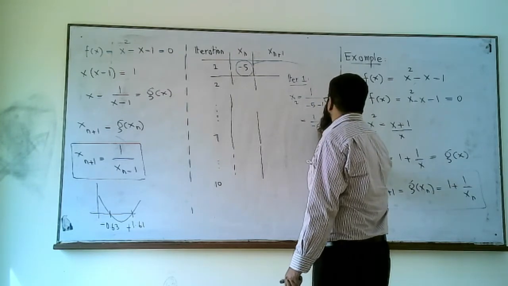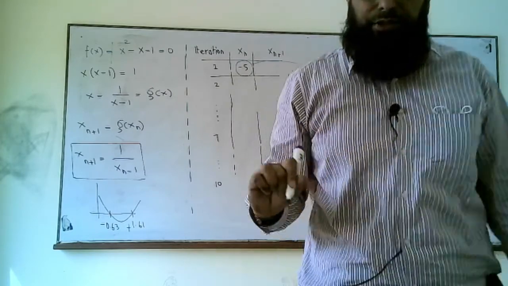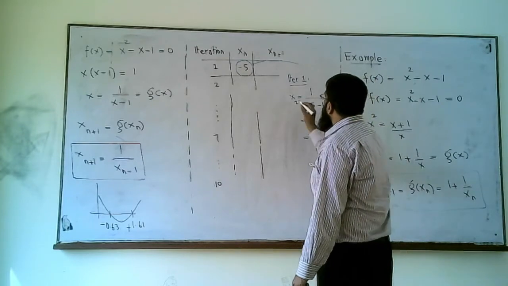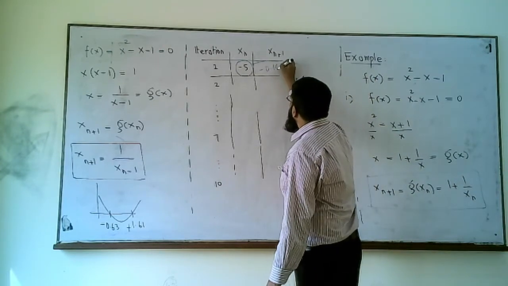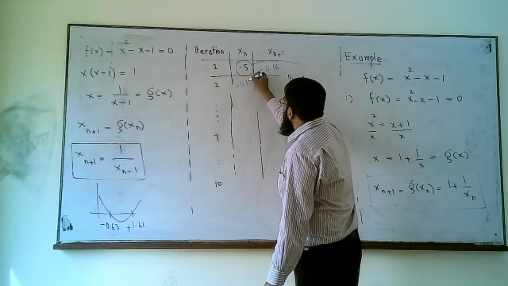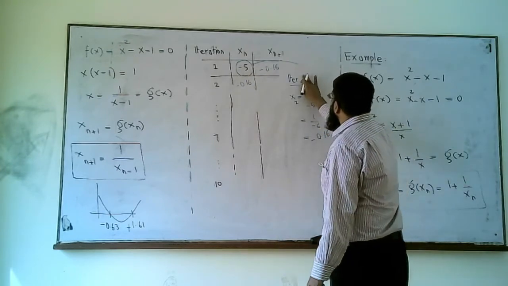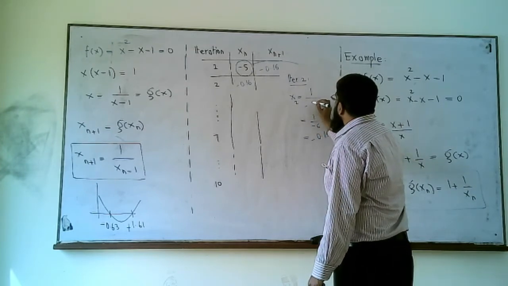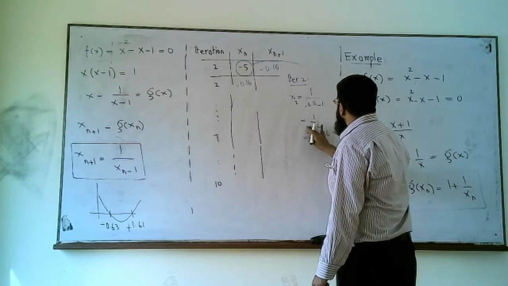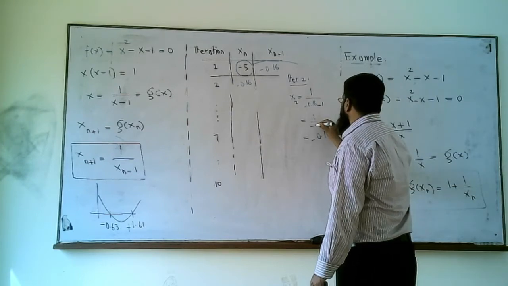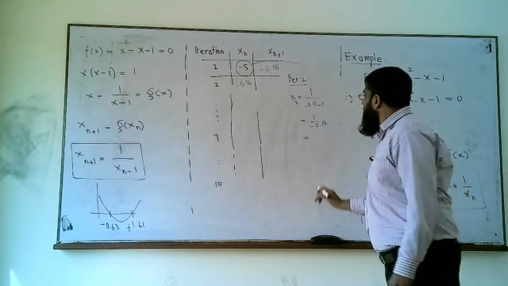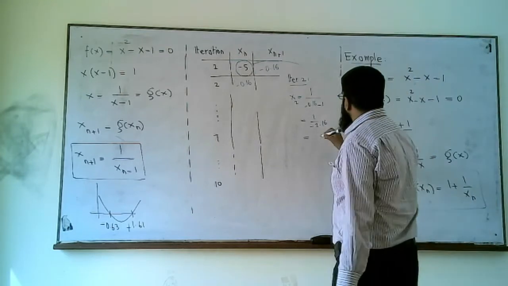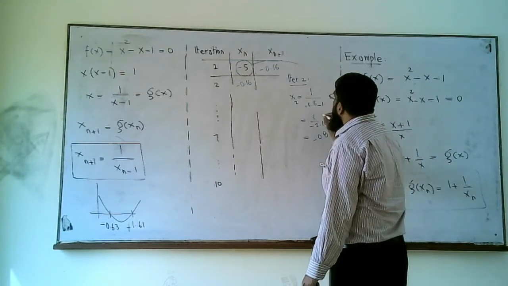So this is 1 over minus 6, which is minus 0.16. Then we start from minus 0.16 and put it here. In iteration number 2, we start with minus 0.16 minus 1, which is minus 1.16, and so we get minus 0.85.